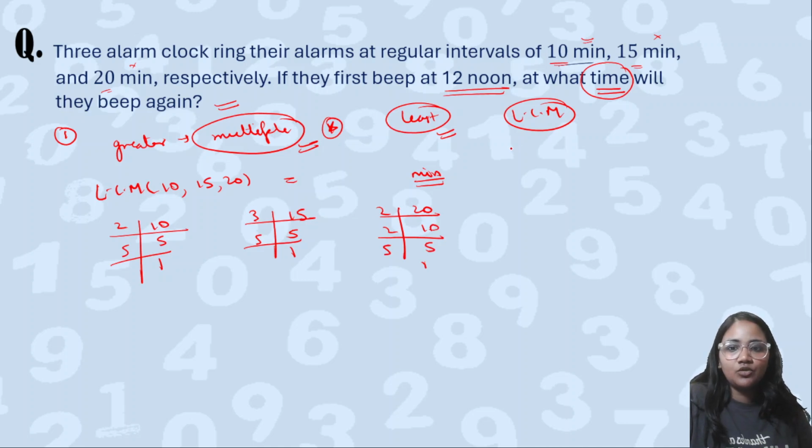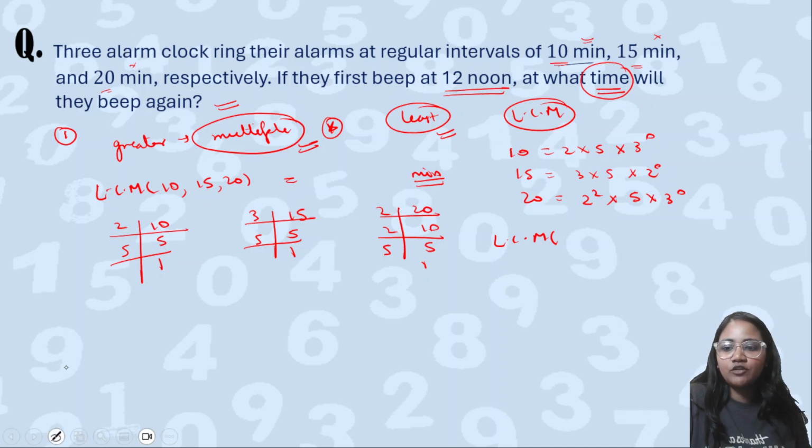Okay, so 10 is 2 into 5. 15 is 3 into 5, with 2 to the power 0 you can write. And 20 is 2 square into 5, with 3 to the power 0. So LCM, we know, is the highest power of each prime, or you can say each factor.